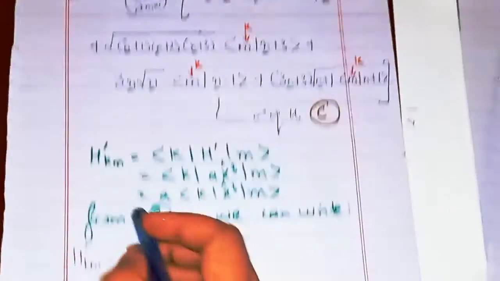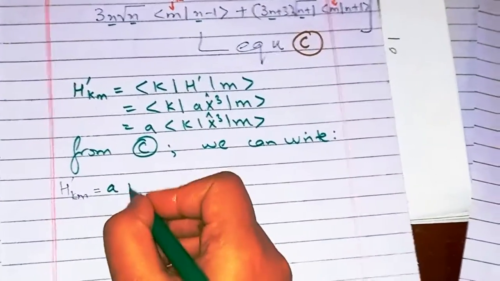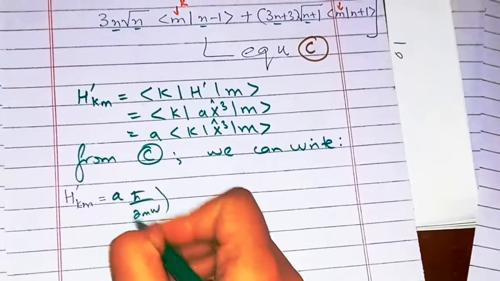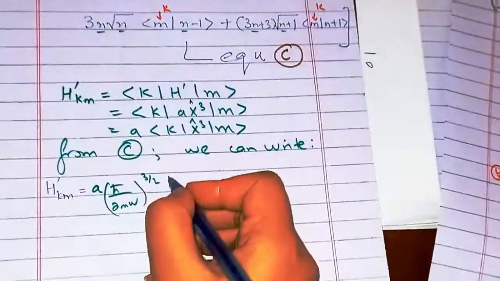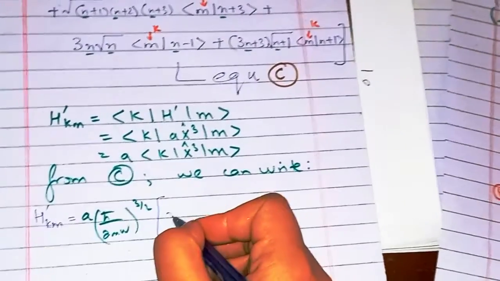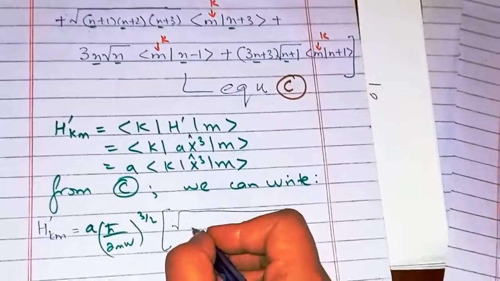So we have this constant first. Let me write it down. A ħ/2mω whole power 3/2. This m is mass, this is not a quantum number, keep that in mind. I'm telling you again and again. So here instead of n, you're supposed to write m.